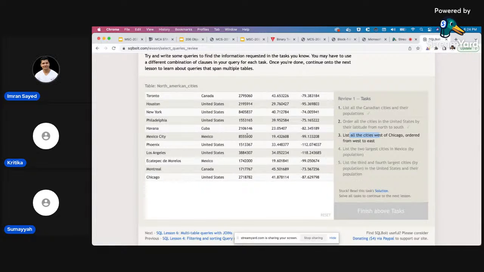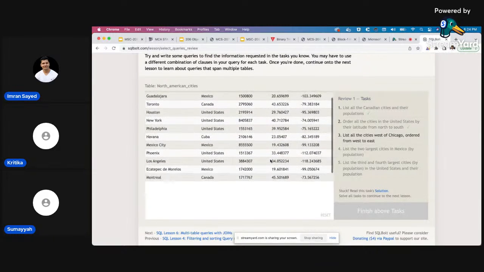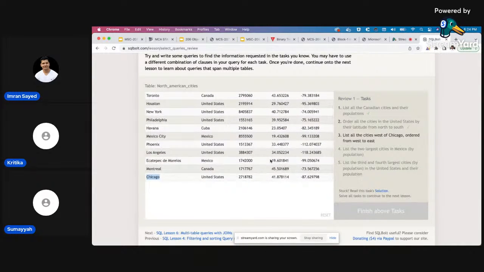This is a bit complicated one. List all cities west of Chicago. So Chicago is here. Ordered from west to east.